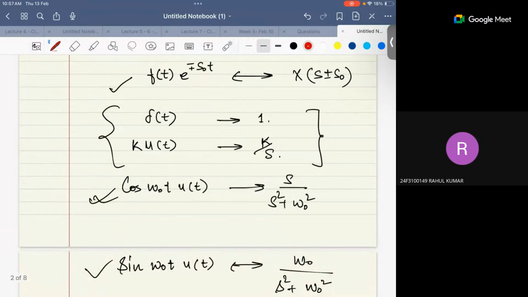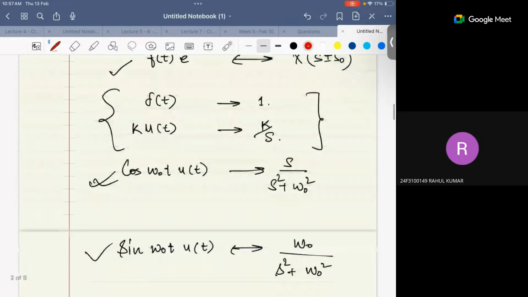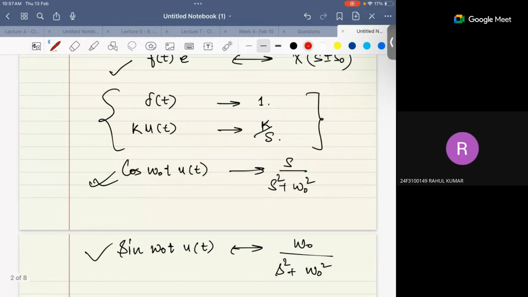No, sir, even for... I am talking about if t e to the power minus st is given to us. So if we are going to differentiate it with respect to s, then we can get t e to the power minus st. I think I should calculate.